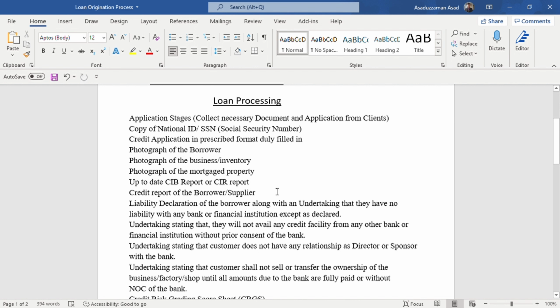If the document is not acceptable to the bank or financial institution, then the loan will be rejected.